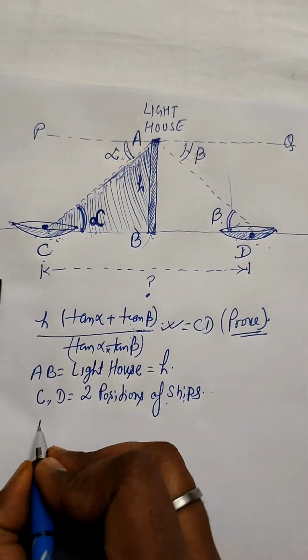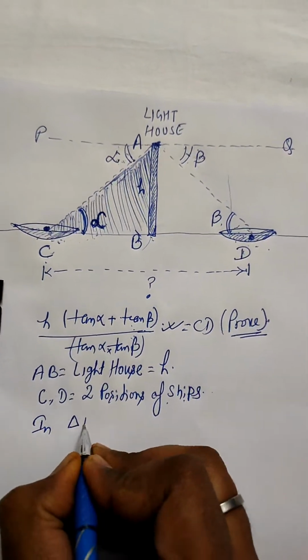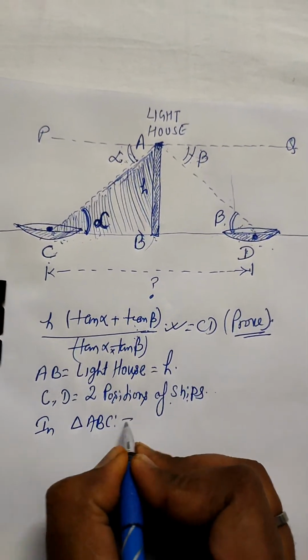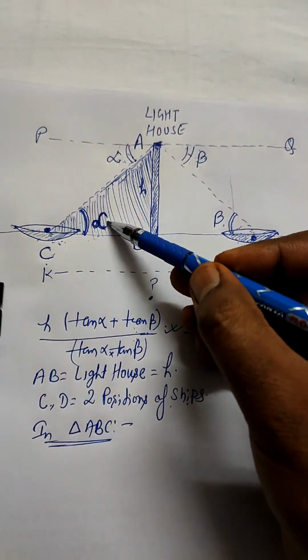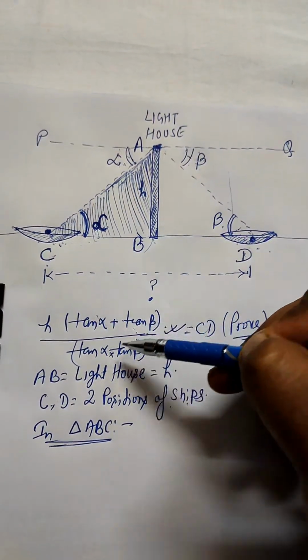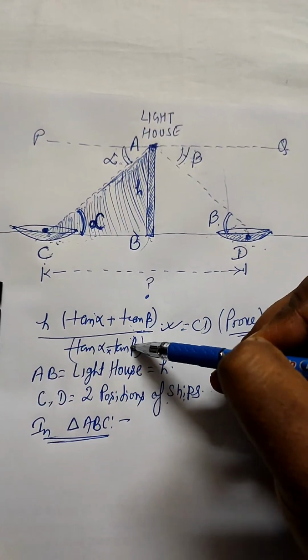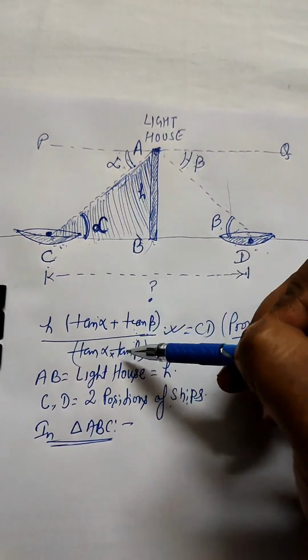So I'm writing it over here. In triangle ABC, just take the tangent, because here you can see it's tan, tan, tan. So just take only tan and let's see what happens.